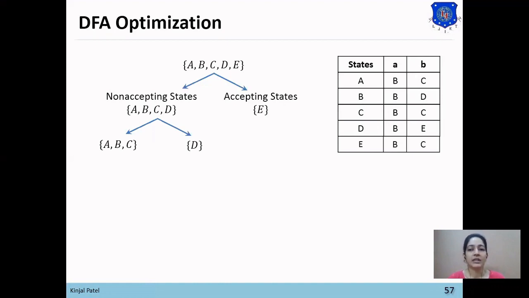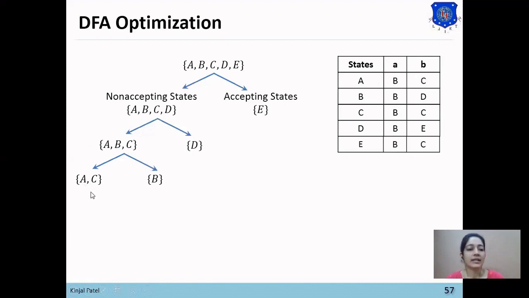Now we'll check for the state C. C goes on to B and C. So B and C are members of the same set. So A and C will be in the same set and we will separate B. Now we'll check for A and C. A goes on to B and C and C also goes on to B and C. So both states have the same goal states.